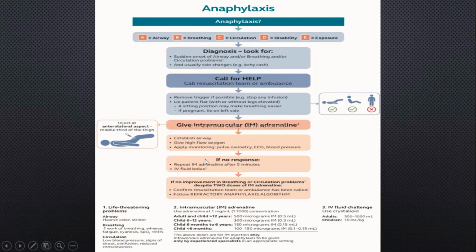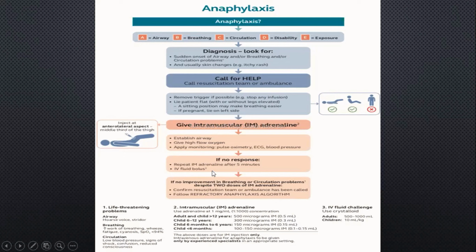Also, number 1, you will diagnose. Number 2, adrenaline according to the age. And number 3, IV fluid: 500 to 1000 ml in adults, in children 10 ml per kilogram. So here they removed chlorpheniramine and hydrocortisone.